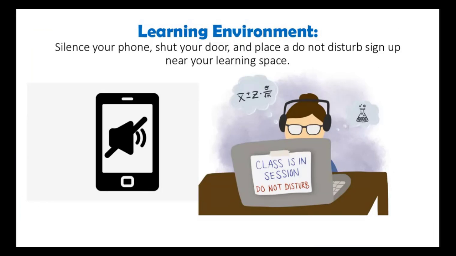So the next thing that you want to do is make sure that your learning environment is set up to optimally view this webinar, meaning that you want to limit your distractions by silencing or turning off your phone, shut the door if you're in a space that you have a door, and then place a do not disturb sign up so other people in your household know that you are in a class.